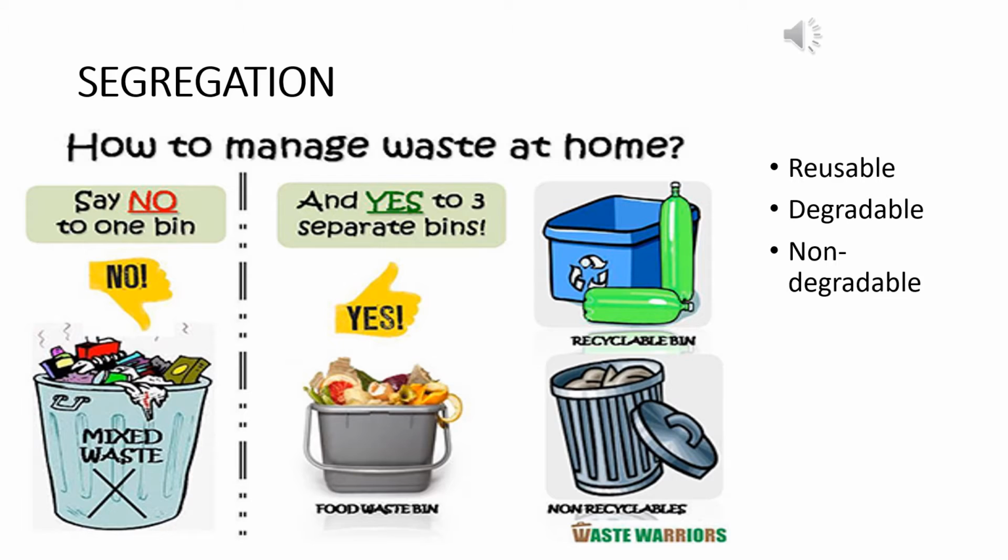Those are like the plastics, plastic caps, plastic bottles, and all other plastic materials that cannot be acted upon by the bacteria or fungi or any kind of decomposer. And we need to dispose of them separately from the biodegradable ones.